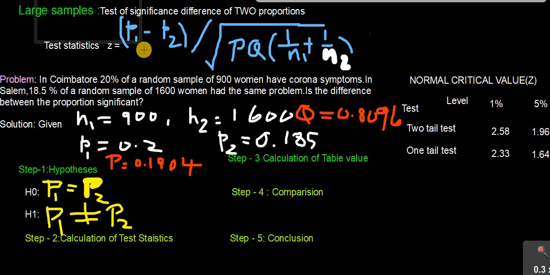What is P1? 0.2. P2, what is P2? 0.185. What is P? P is equal to 0.1904. What is Q? Q is equal to 0.8906. What is N1? Size of the first sample, 900. What is N2? Size of the second sample, 1600.